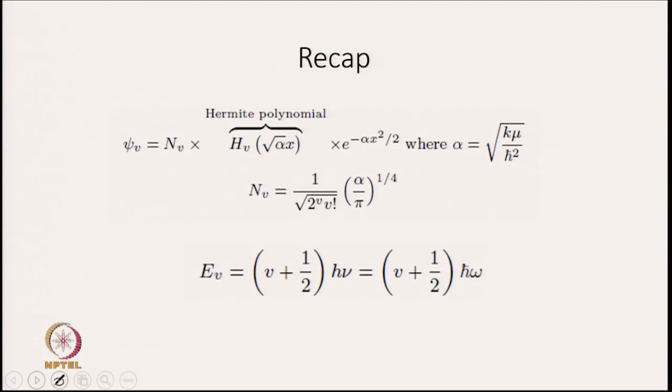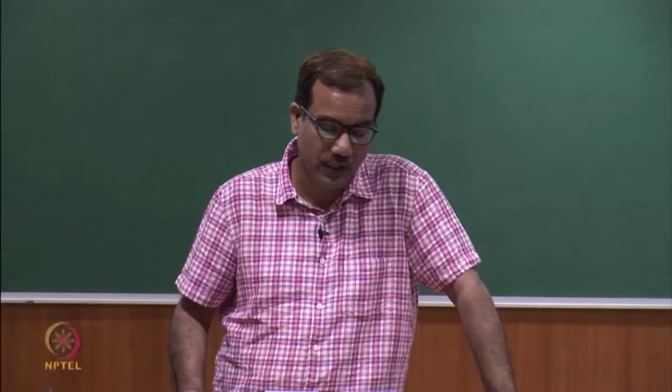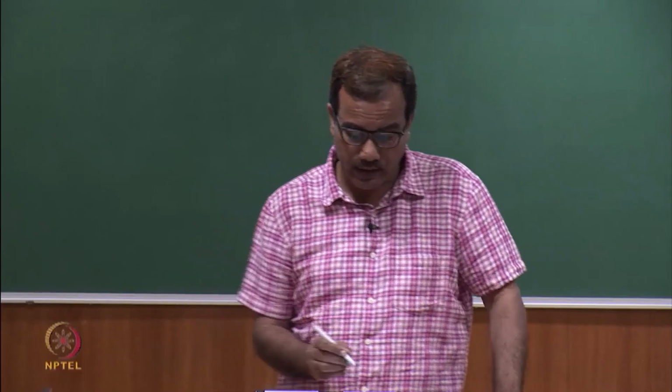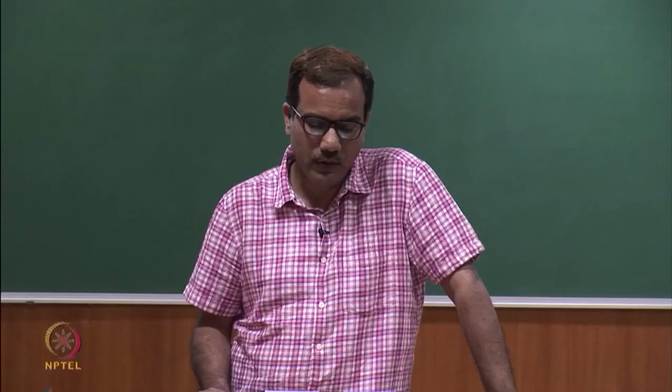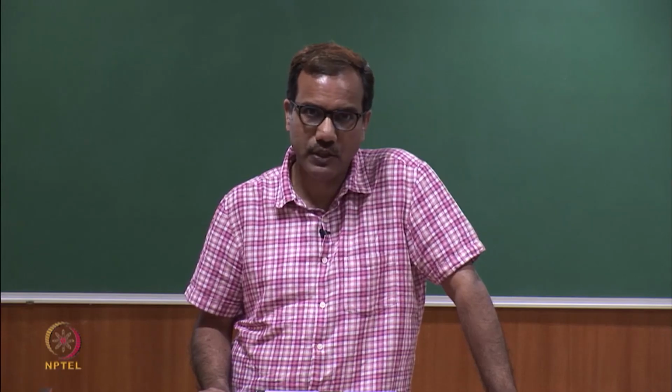When we solved the Schrodinger equation for the vibrational or harmonic oscillator, what we got is a wave function. The wave function is given by this formula, where N_V is the normalization factor, and then you have a Hermite polynomial multiplied by exponential of minus alpha x squared by 2. This is your allowed wave function for the vibrational level.